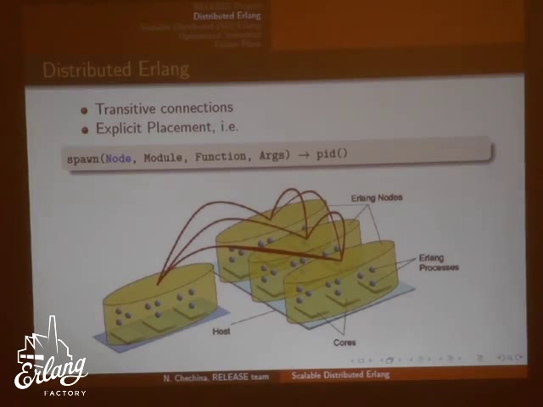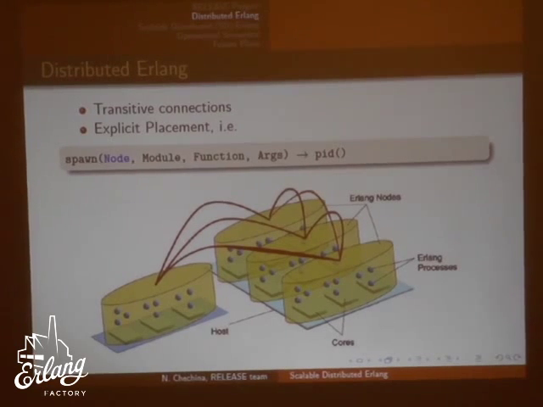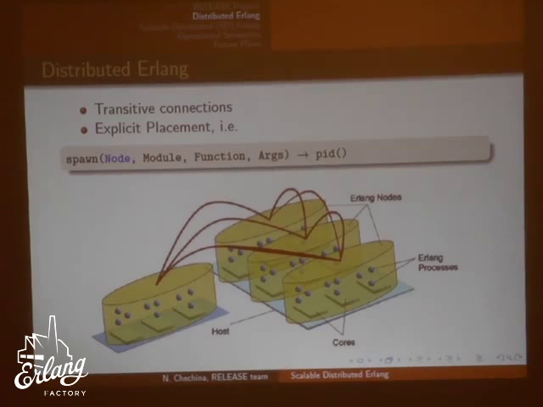Two main aspects of distributed Erlang are these transitive connections, which means if we connect 1 extra node, it immediately becomes connected to all other nodes. And another thing is explicit placement. So if we want to spawn a process on another node, we need to explicitly say which node in particular.